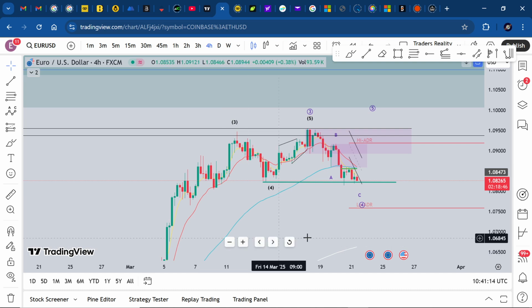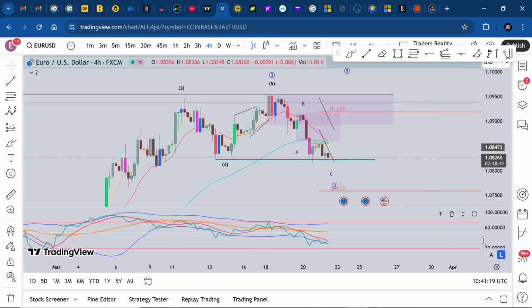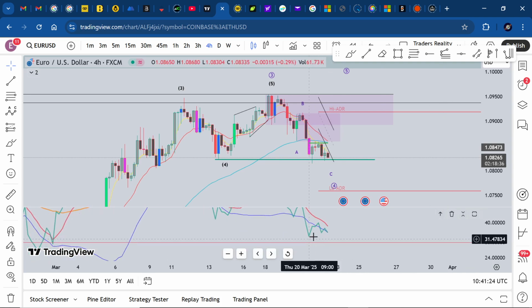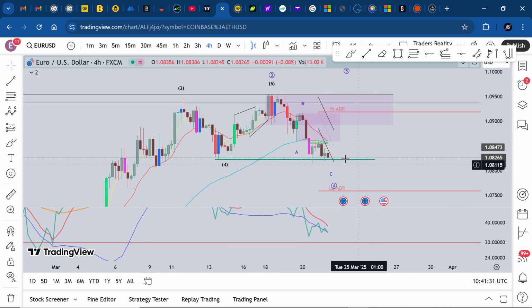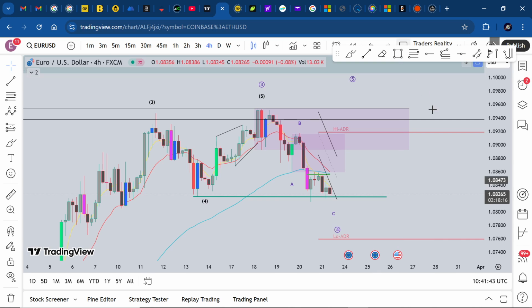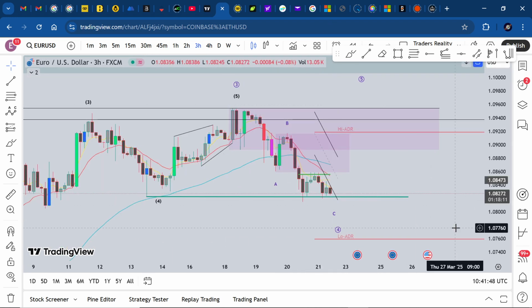I want to put the indicators on and have a look at the TDI. I'm going to need to see price stay, I mean the TDI, stay above this, preferably, as price makes another low. Price makes another low, I don't want this to make another low. So I could get bullish. I'm looking for bullish divergence, a confirmation that price has trapped sellers and are looking to go back up.